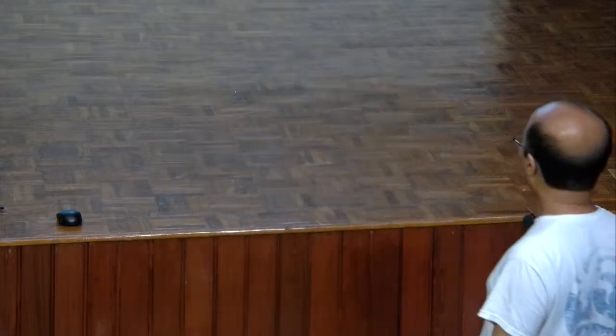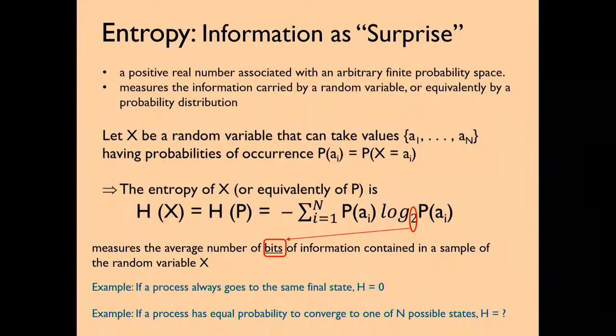So in the simplest setting, the probability of a particular space I taking on a particular value A is, let's say, 1 by 27.